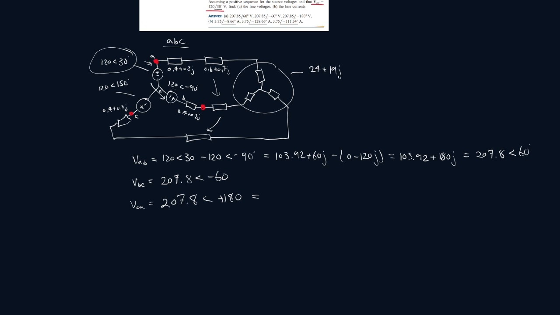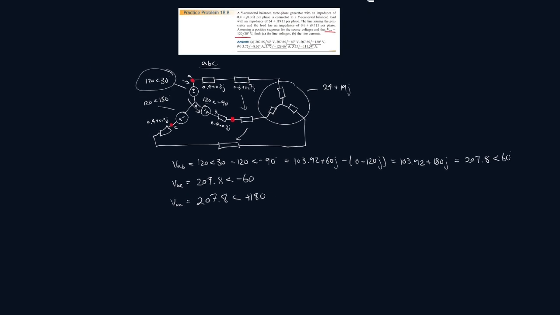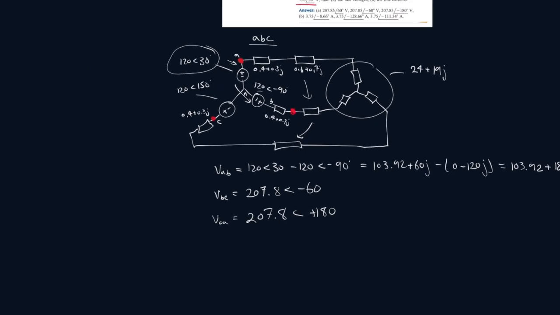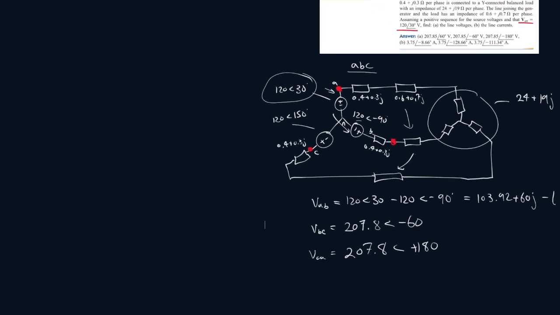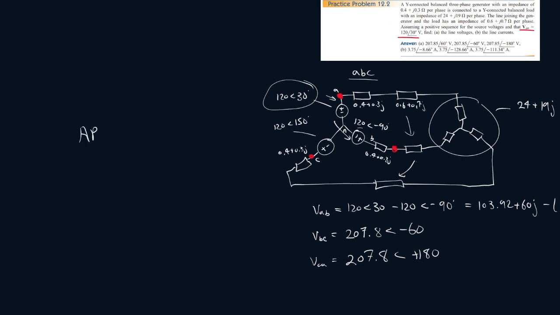Wait, there's also another way you could do this. Instead of doing this long complex format, you can use the following formula. If you have an ABC circuit, VAN is equal to VAB over the square root of 3, phasor minus 30 degrees.